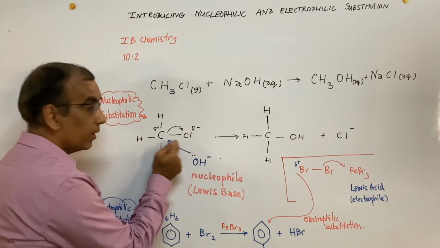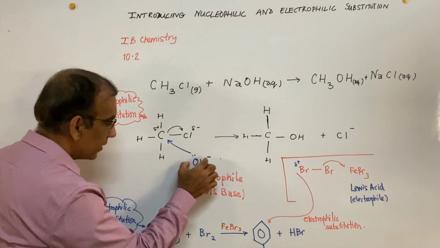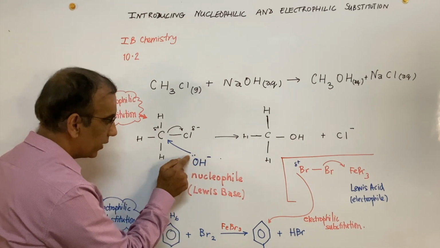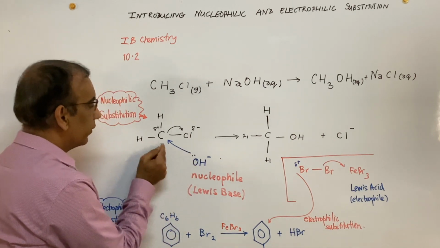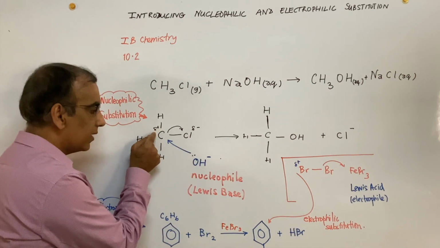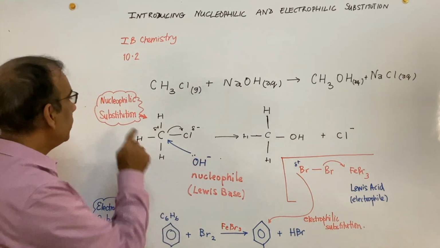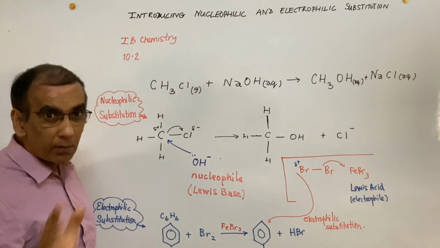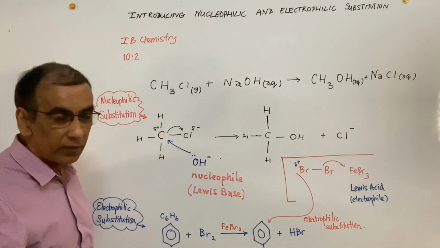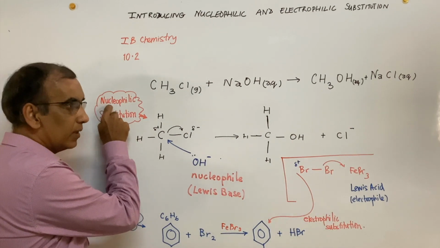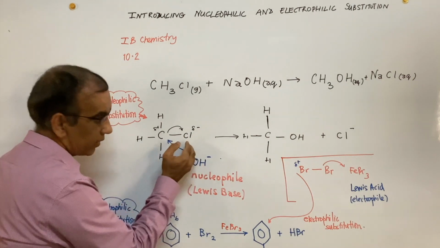This bond here is a polar bond, and therefore this species, OH with its lone pair and its negative charge, is searching for some area of positivity to interact with. That is where the term nucleophilic comes from. In search of a nucleus, in search of a positive center, nucleophilic, and it removes the chlorine.